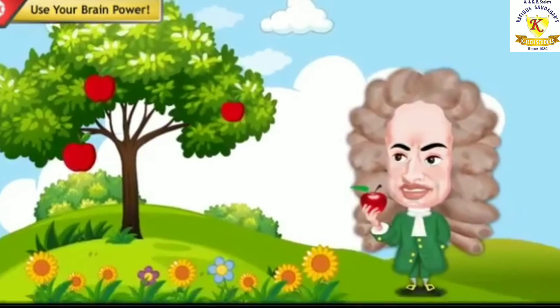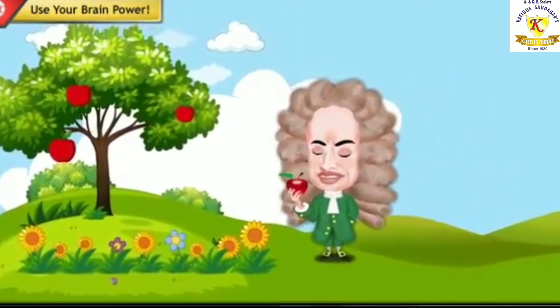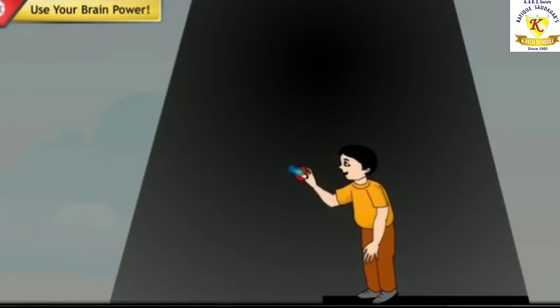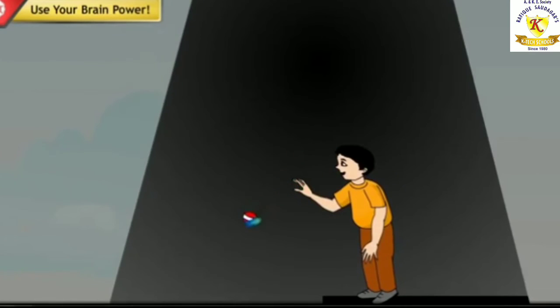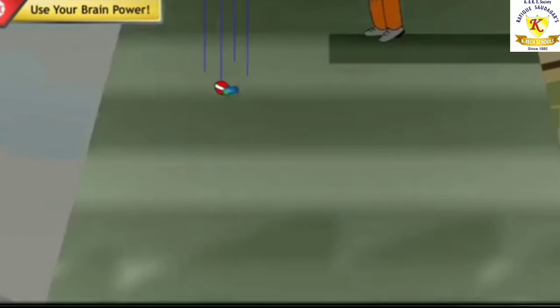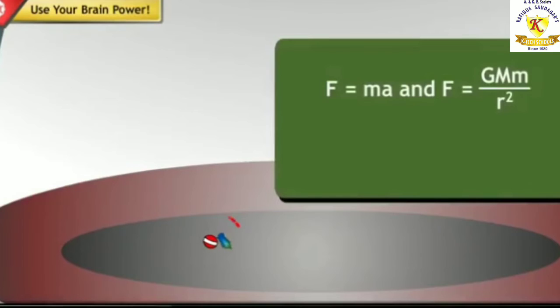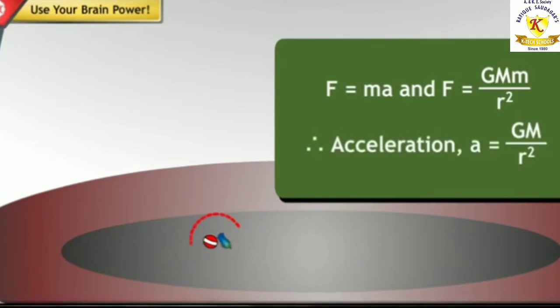According to Newton's law of gravitation, the Earth's gravitational force is higher on an object of larger mass. But that object doesn't fall down with higher velocity as compared to an object with lower mass, because F equals ma and F equals GMm upon r square.